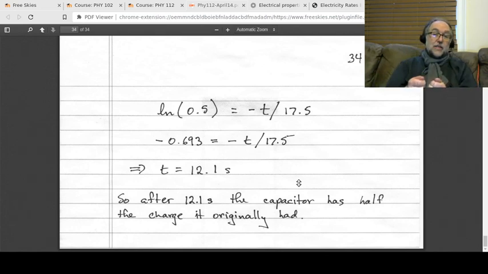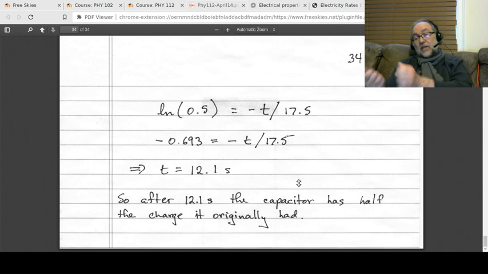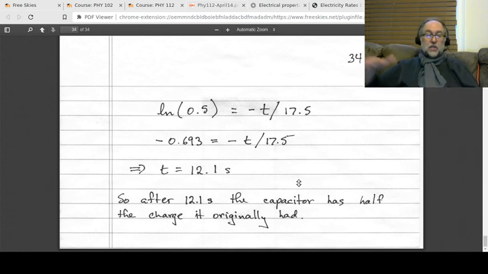If you were watching this on the oscilloscope, it would start at that top charge, and it would take 12.1 seconds before it gets to half of that charge. On the oscilloscope, you could set it to trigger when it reaches that particular charge, and you would see that characteristic shape.